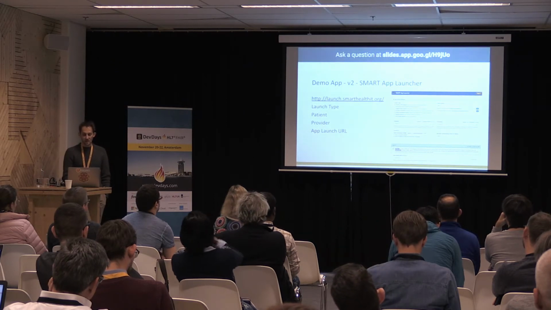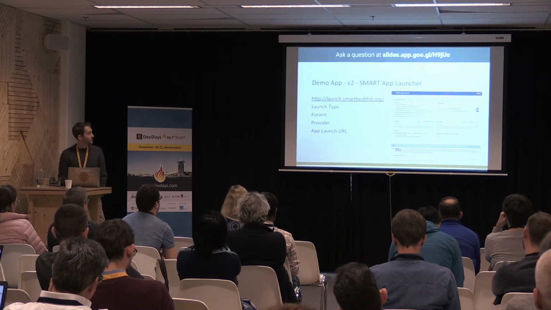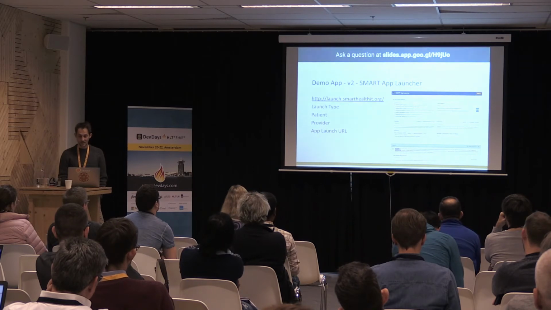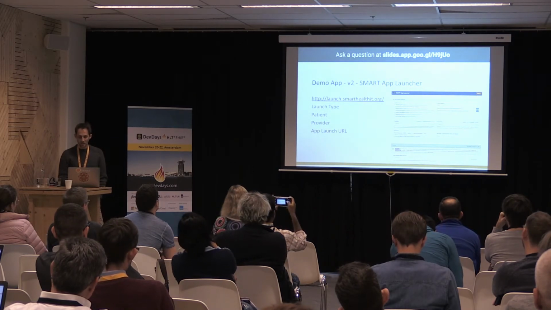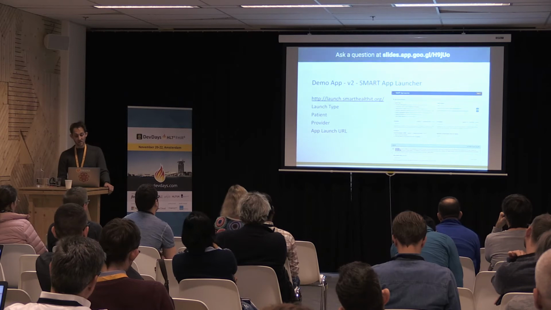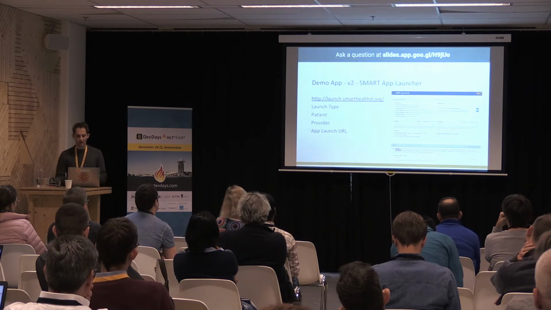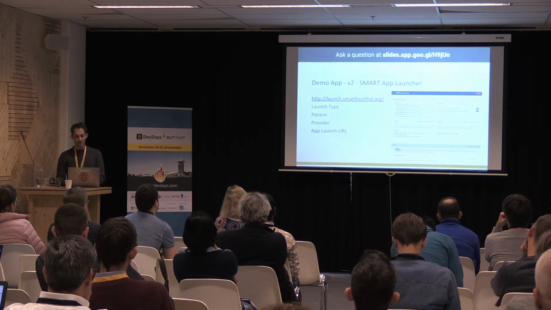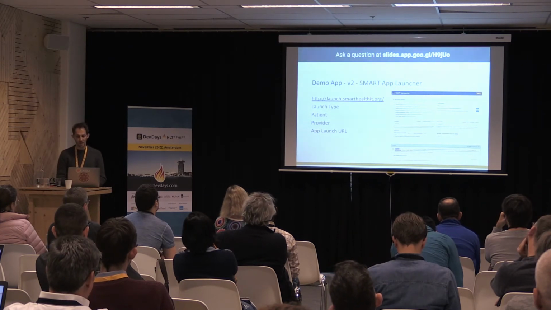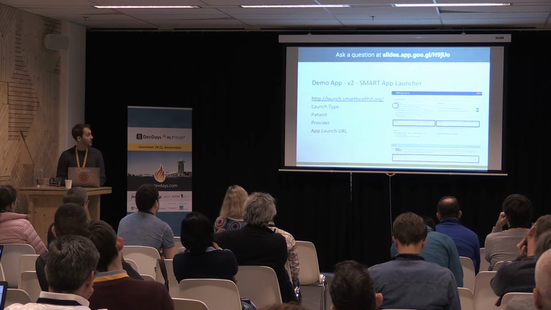So I should spend a few minutes talking about this tool, although Josh did a good job demoing this at the last talk if you were there. But this is the smart app launcher. This is what it looks like when you go to launch.smarthealthit.org. The important parts for this demo are the launch type, the patient, the provider, and the app launch URL.